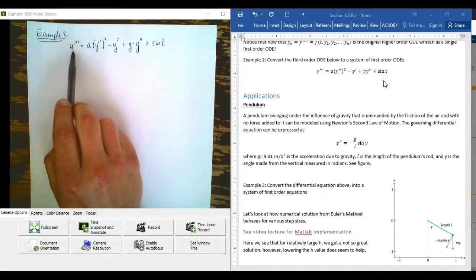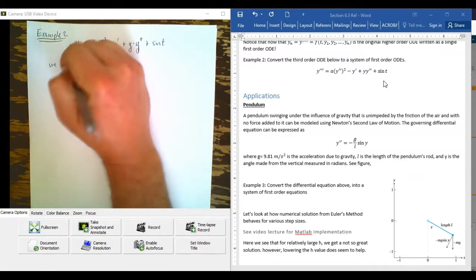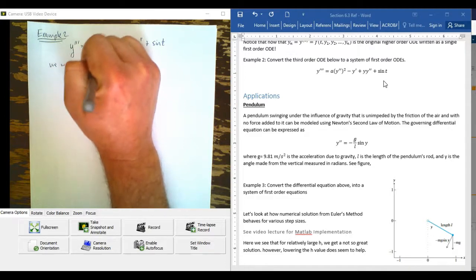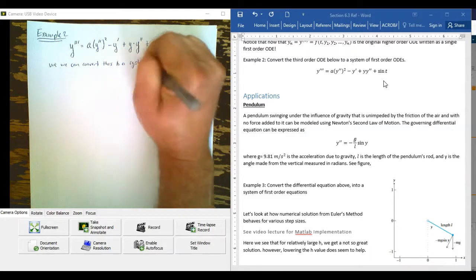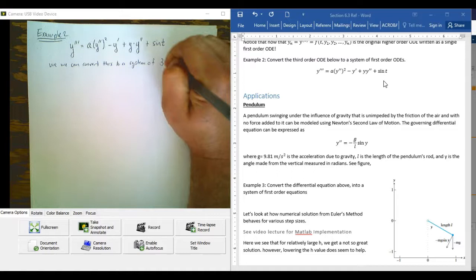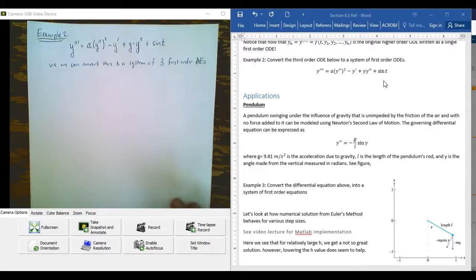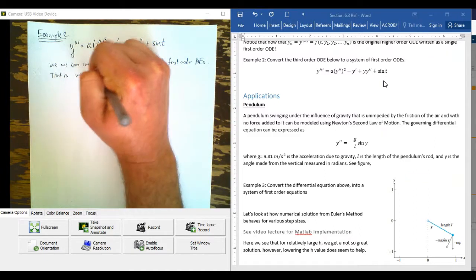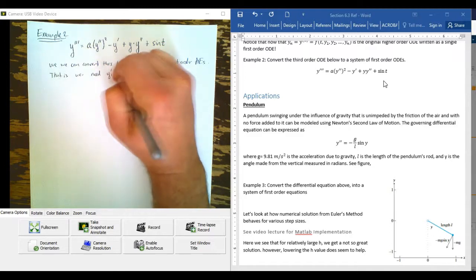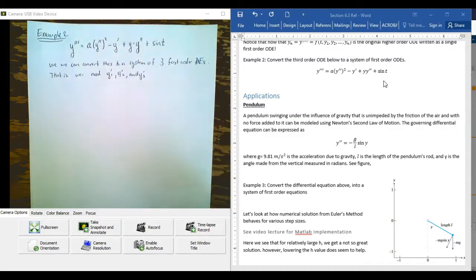So basically what we are going to do is, we know we can convert this to a system of three first order differential equations. That is, we need y prime 1, y prime 2, and y prime 3.